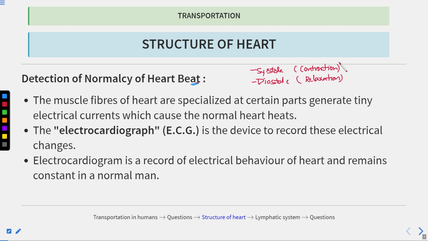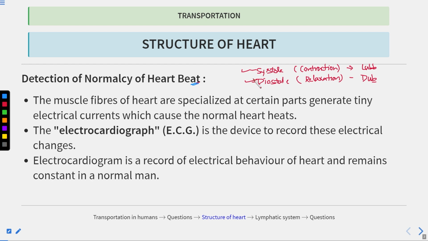The heartbeat comprises two sounds. One is the lub sound, which is generated during the systole, meaning during the contraction. The other is the dub sound, which is generated during the diastole, meaning during the relaxation of the heart, or the cardiac muscles.